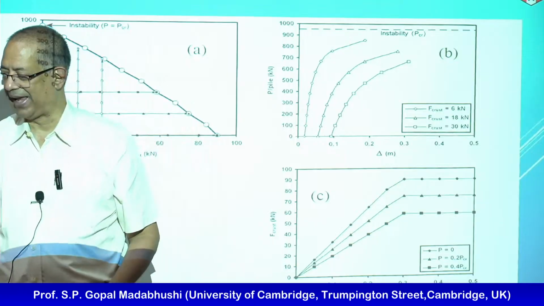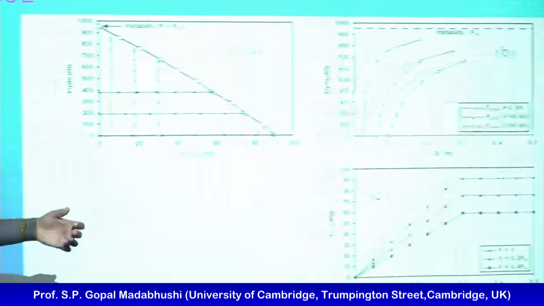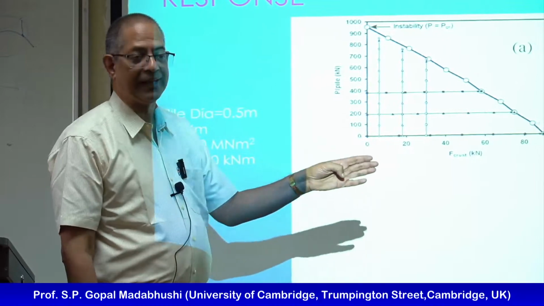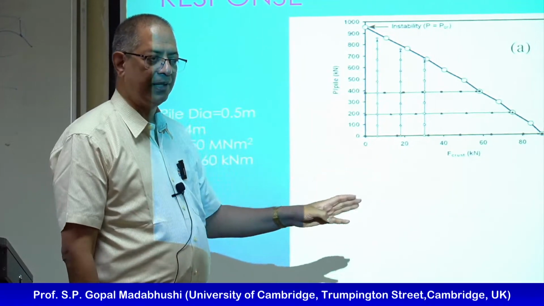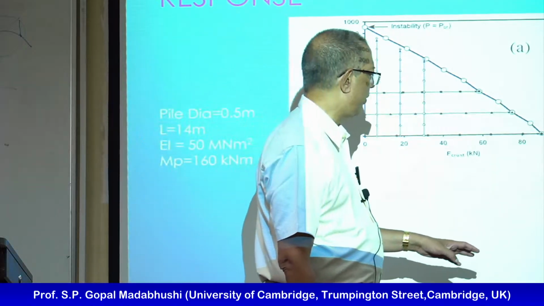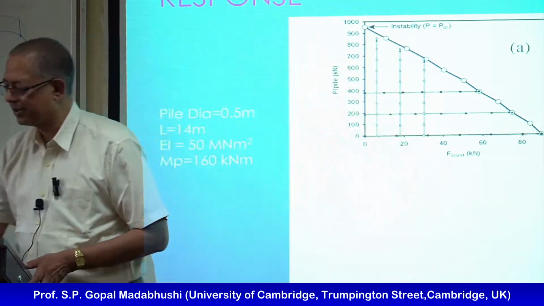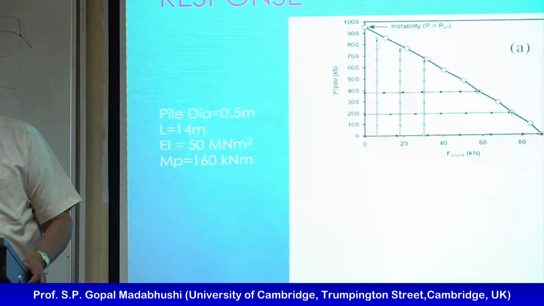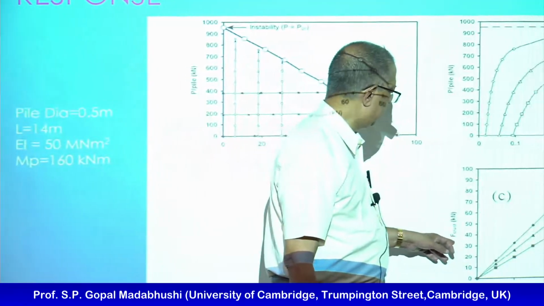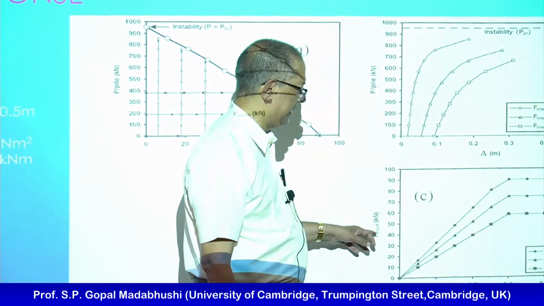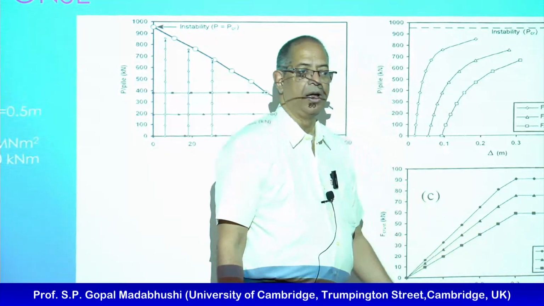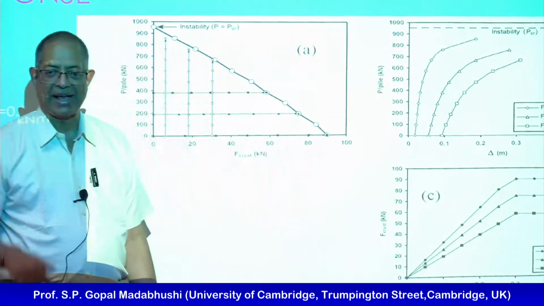So we can say how much we are deflecting the pile depending on the crust force. Yeah? And we can also plot, I think there should be one more. No. Okay. This is the crust force here, deflection here, but for different levels of axial load you're applying.